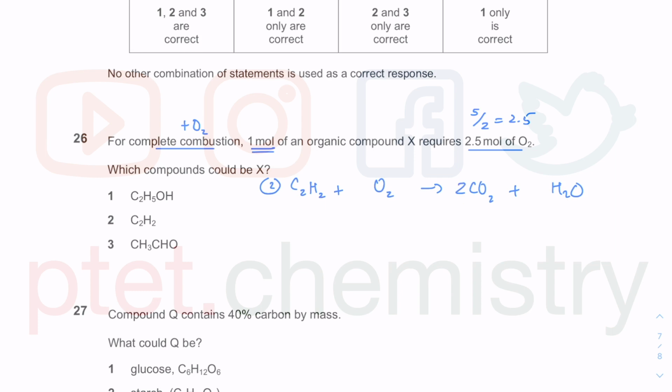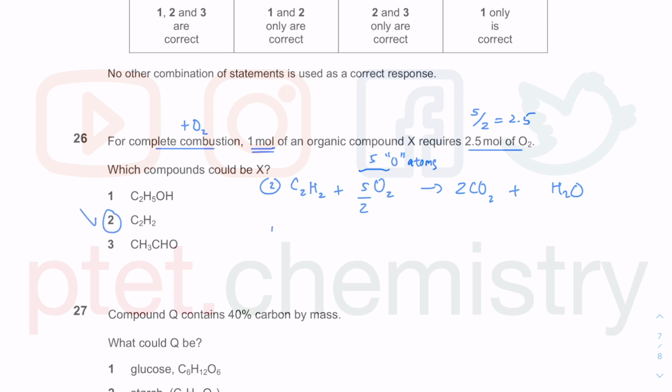And 2 hydrogen, already 2 hydrogen, so it's just 1 there. So oxygen, 2 times 2 is 4, 1 times 1 is 1, 4 plus 1 is 5 oxygen. I need 5 oxygen atoms, so what I do is 5 over 2, because 5 over 2 times 2 will give me 5 oxygen atoms. So 2 is definitely correct.